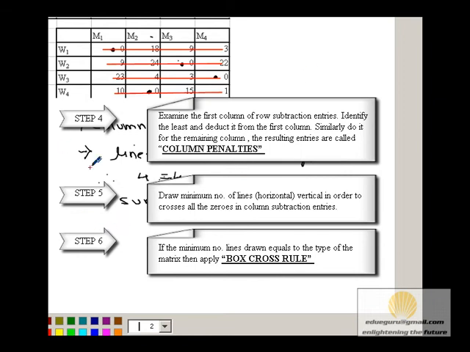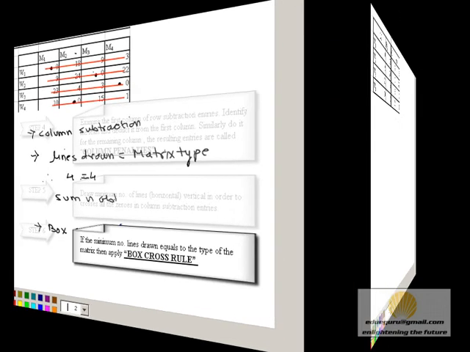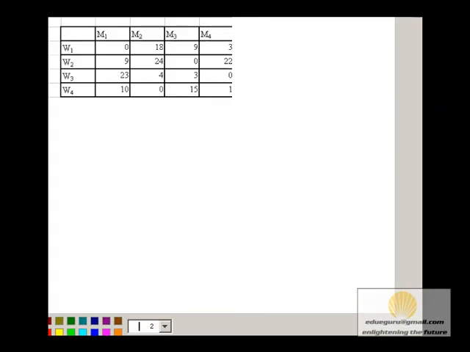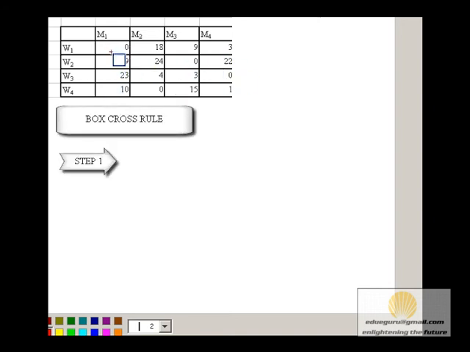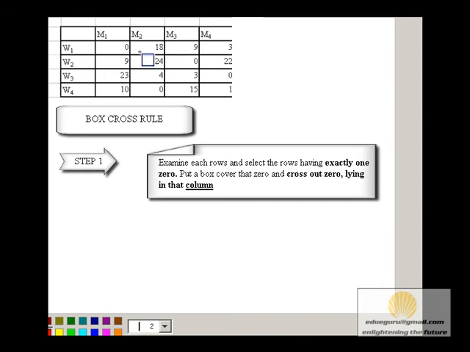So in the box cross rule, let me complete the sum first. In the box cross rule we identify the rows which have exactly 1 zero. So we mark that particular 0 and cross out all the other zeros in that column.